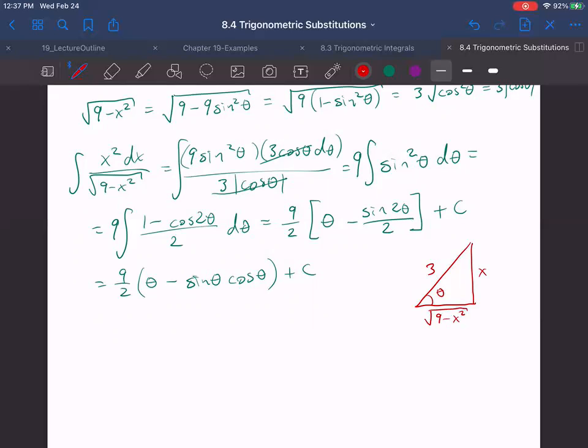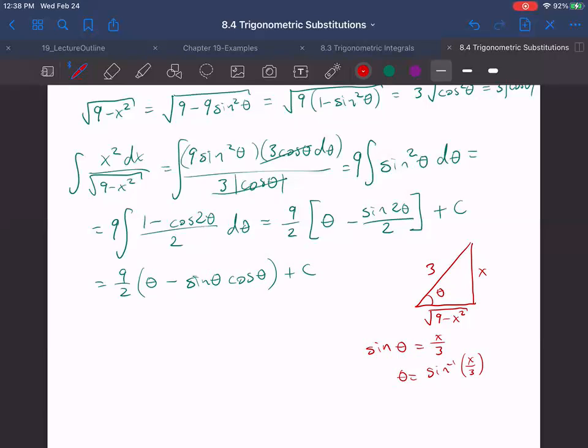We need theta, and we can do any one we want, but let's do sine theta equals x over 3. That's a simple one, right? Opposite over hypotenuse, which means theta equals arc sine of x over 3.